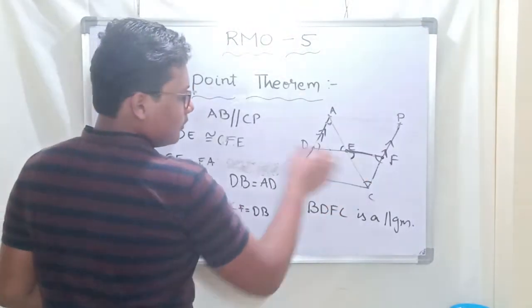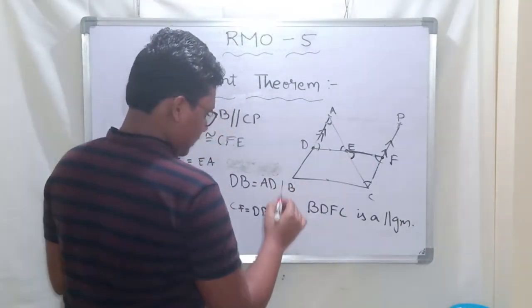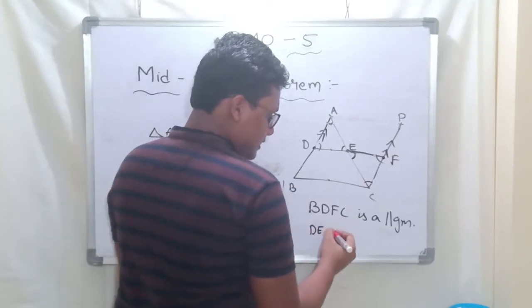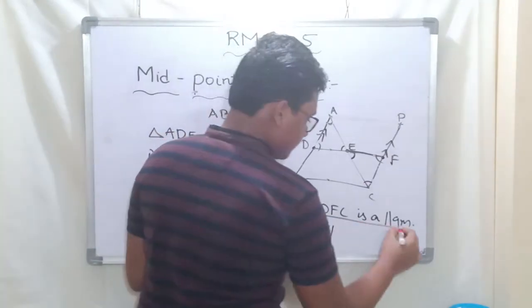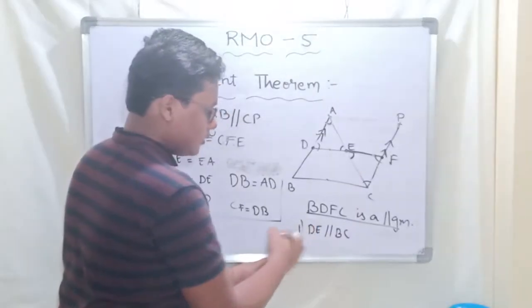So now we proved that DE is parallel to BC. First one we got.